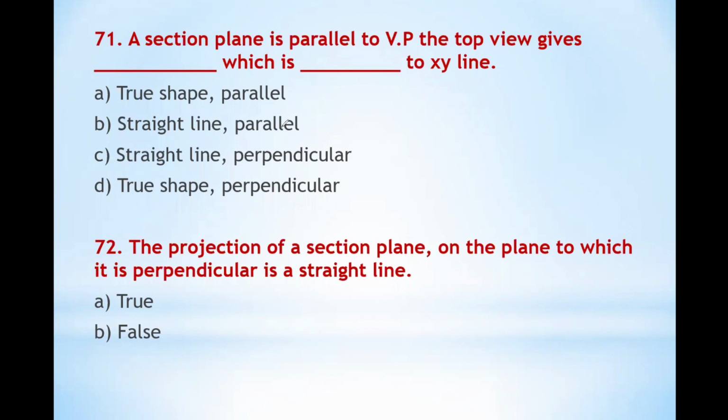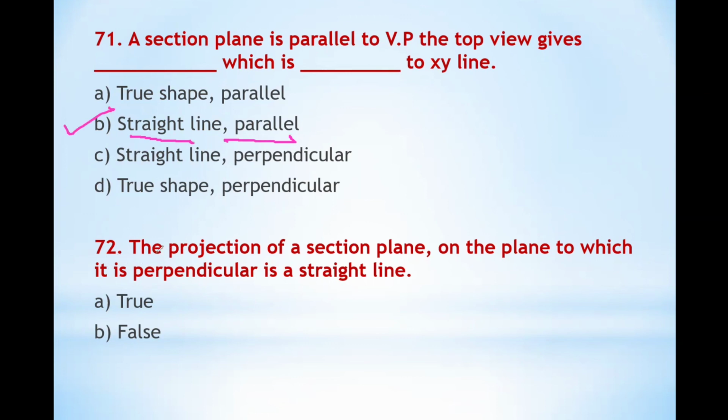This straight line perpendicular, the true shape perpendicular. So here, as I already mentioned, this plane is parallel to the VP. This means whatever the top view is, that will be a straight line, and that straight line will be parallel to the XY line. So that's why B will be correct here.